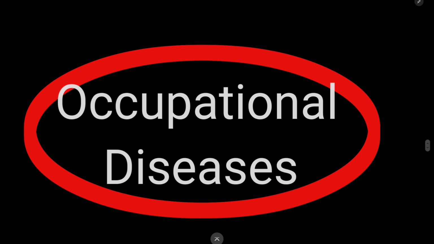These diseases occur when workers inhale harmful particles or gases over extended periods, leading to chronic cough, shortness of breath, and even lung damage. Industries like construction, mining, and manufacturing are at the highest risk. Protective equipment such as respirators, proper ventilation systems, and regular health checkups can help minimize the risk.